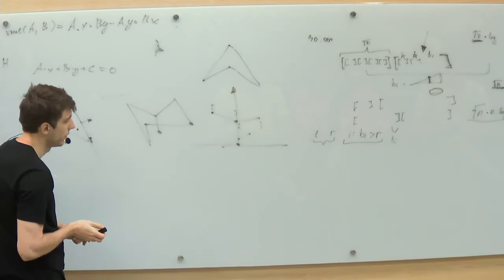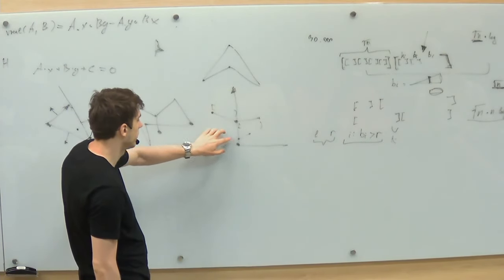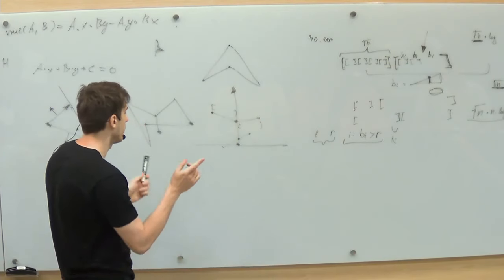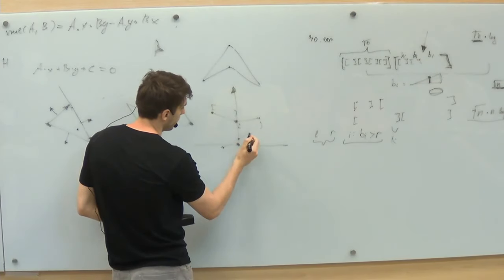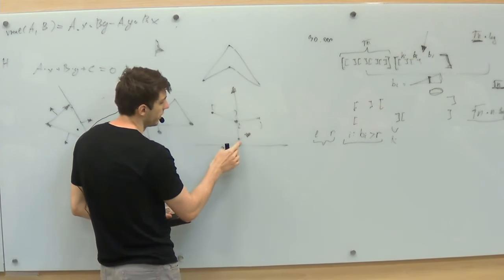And I guess there's no other way to check it other than finding the intersection itself. No, of course you can. Just for this segment, you want to check whether this point is to the left or to the right.